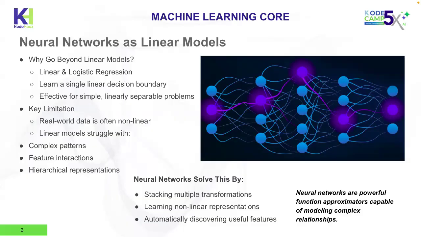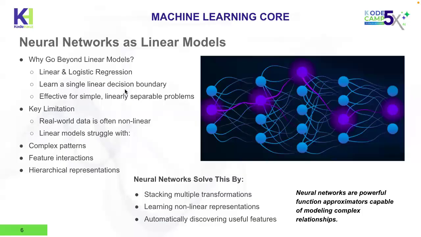A neural network is made up of entities that we call neurons. And I'm going to go into that shortly. But why do we even need to go beyond just linear and logistic regression?